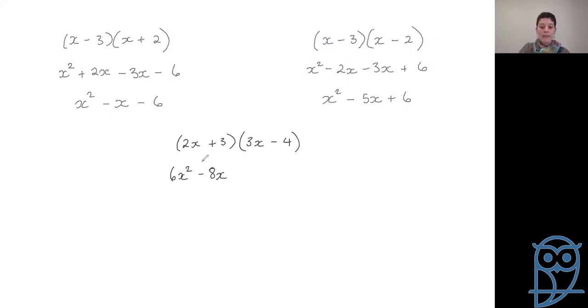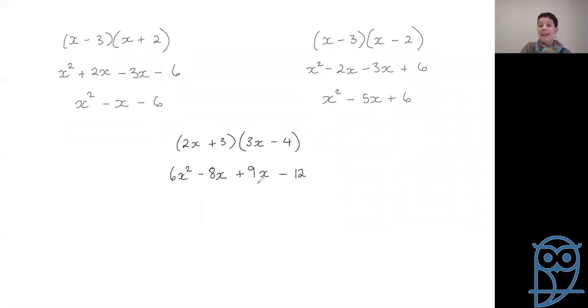And our x, because we only have the one x from the 2. Inner, 3 times 3. And they're both positive, so plus 9. And again, an x. And then the same pattern for the last one. 3 times minus 4, so it gives us minus 12.